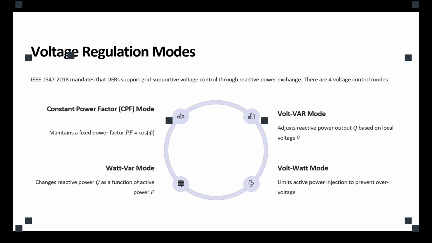Now, we already mandate the DERs to stay connected to the system. What is it that we control to keep connected during fault ride through? We call them voltage regulation modes. What is the control that we have to implement to go through that period of time?